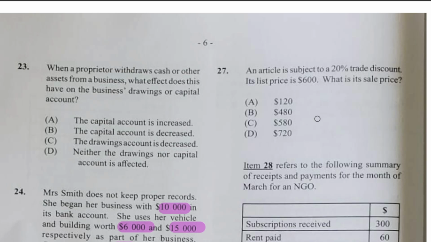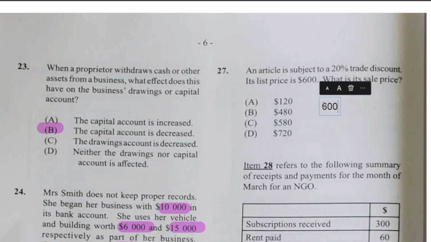27. An article is subject to a 20% trade discount. Its list price is $600. What is its sales price? So basically, you minus 20% from that, or you multiply this by 0.8.